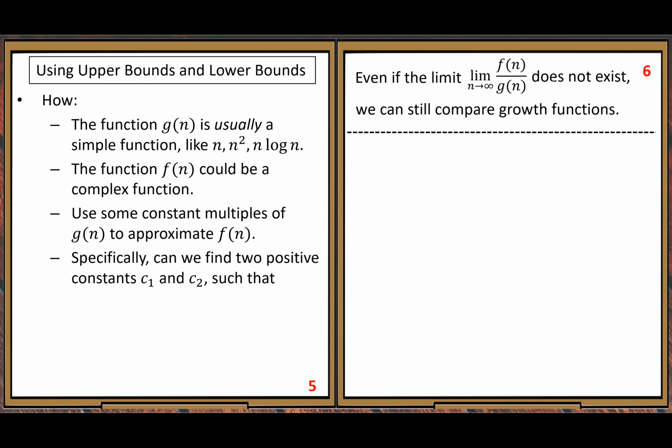All right, specifically, can we find two positive constants, C1, C2, such that C2 times g of n is less than or equal to f of n, which is less than or equal to C1 times g of n, under some condition.